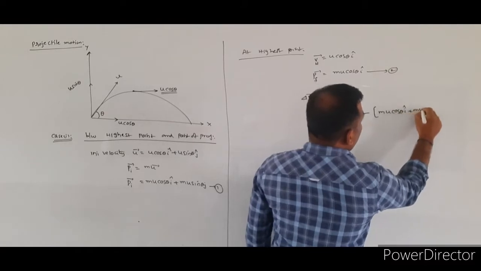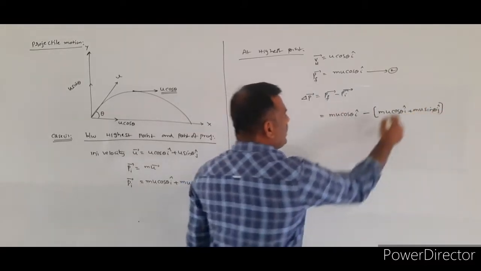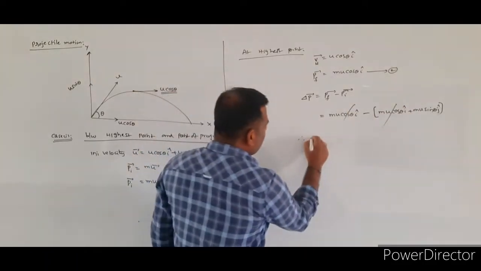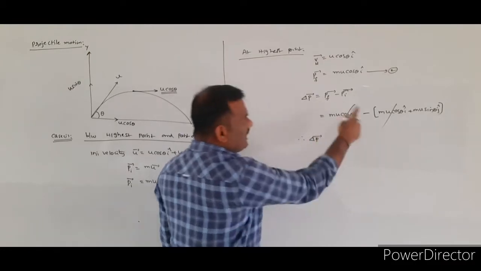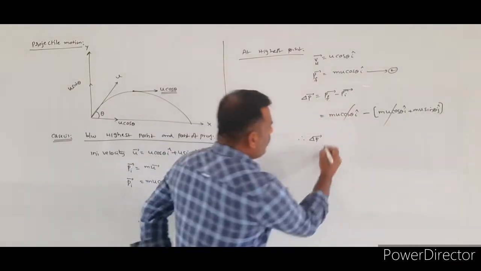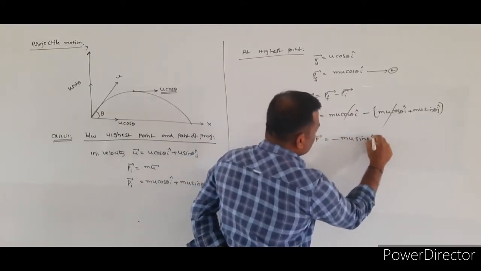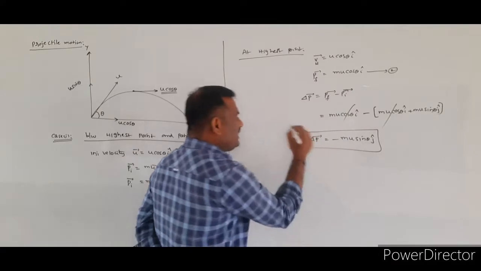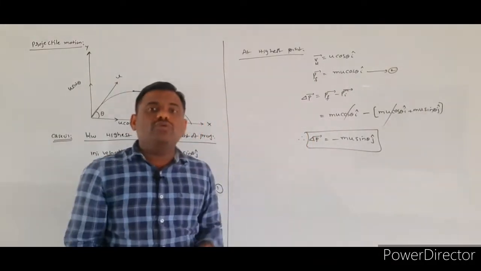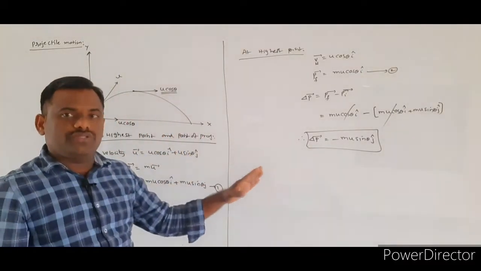Here the cos theta components get cancelled. Therefore, the change in momentum is only minus mu sin theta j cap. So this is the expression for the change in momentum between the highest point and the point of projection.